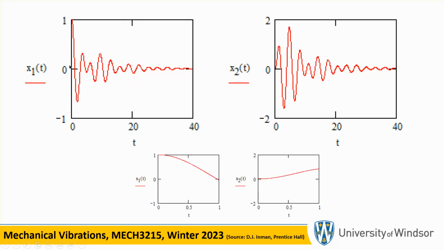Now to show you that actually, this is from 0 to 42 seconds, but if you zoom in to a very short interval here, the reason I did that, if you look at x1 and x2, both of them have 0 slope. One starts up there, with 0 slope. They better be 0, because remember, one of the initial conditions was that the two masses are released from rest. So there was no velocity. The derivative of x1 as a function of time and the derivative of x2 as a function of time better be 0. You cannot see it in this diagram.